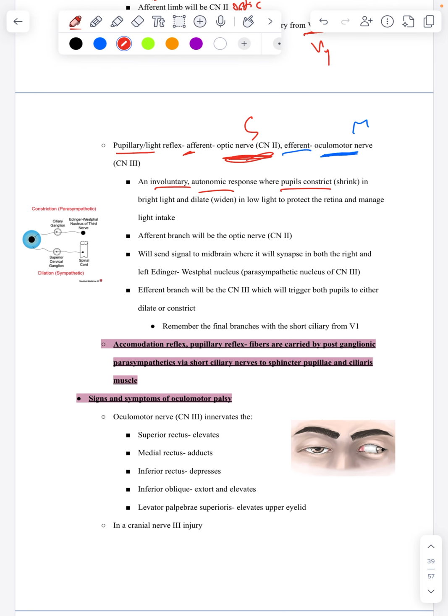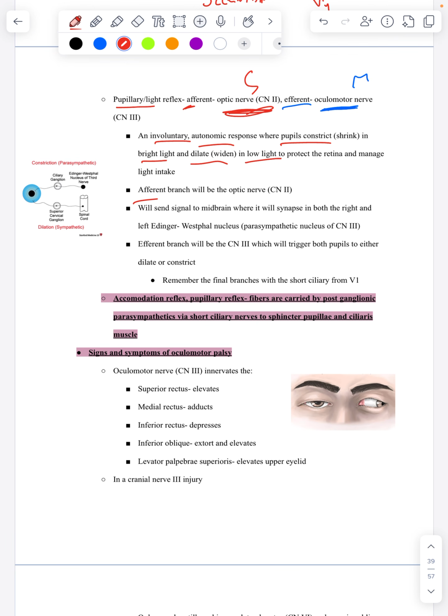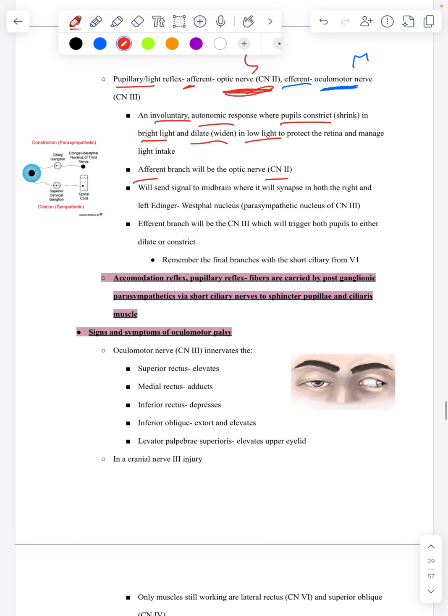So pupil constricts in bright light and then dilates in low light. You're protecting the retina. You're managing light intake. If there's a lot of light, you don't want to make your eye bigger and stab your retina with all this light. Afferent, optic nerve, sends signal to midbrain, synapse in both the right and left Edinger-Westphal nucleus, which is the parasympathetic one, cranial nerve 3.